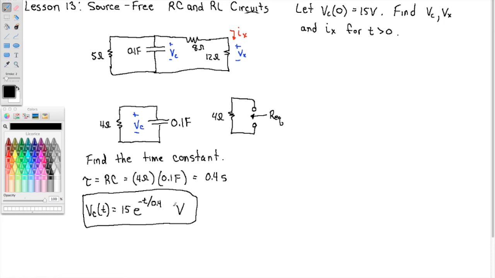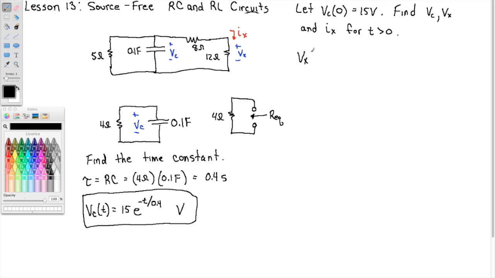All right, so that should be straightforward from the previous example, but the new part here in this example is how do we get Vx and how do we get Ix? Well, notice now with Vc, we know the voltage across this series combination. So if we wanted the voltage across the 12 ohm resistor, we can use voltage division in this problem.